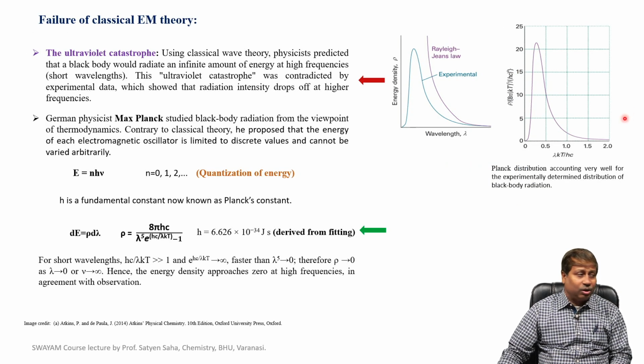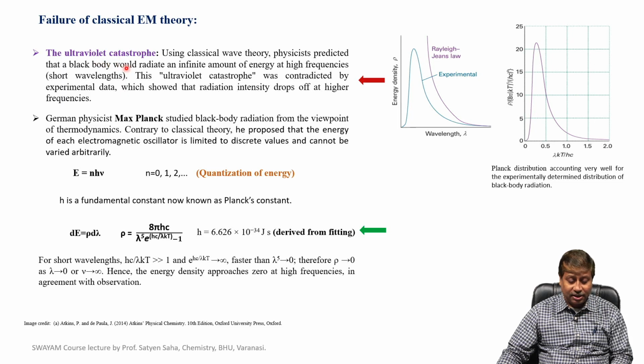Now, in classical electromagnetic theory, this theory says that at the shorter wavelength region or higher frequency region, following the Rayleigh-Jeans law, there should be a huge output of energy.